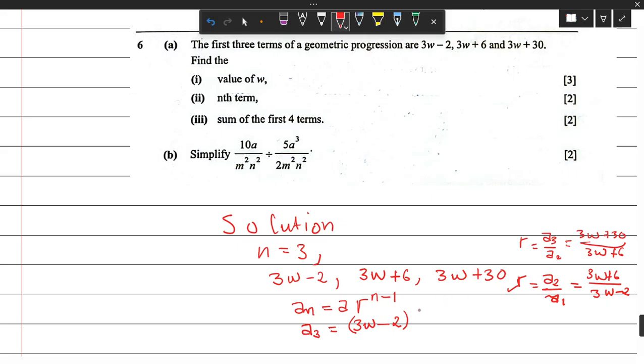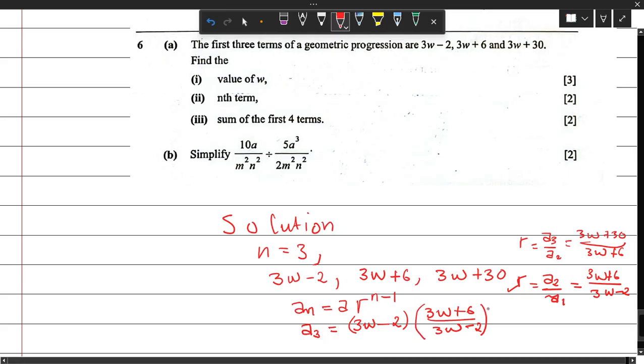So we'll put the value of R here, which is 3W plus 6, then divided by 3W minus 2. So we know R is power what? Number of terms is what? 3 minus 1. Okay.